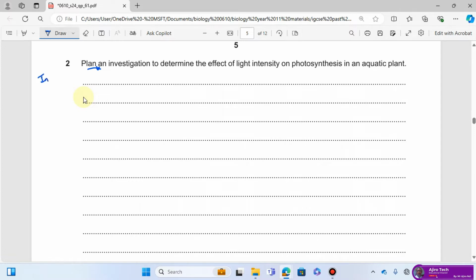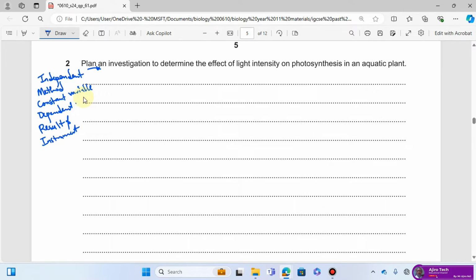So you have to be careful and time conscious when planning your investigation. You have the laid down rules or guidelines to answering such questions. You have to state your independent variable and your method. Then you state your constant variable, and your dependent variable, which you are going to measure. You also tell us how you will measure your result, and the instrument you are using to take your result.